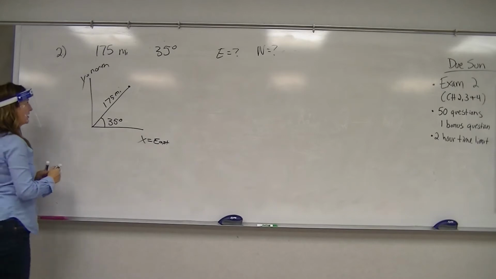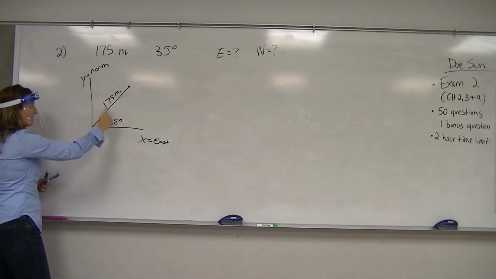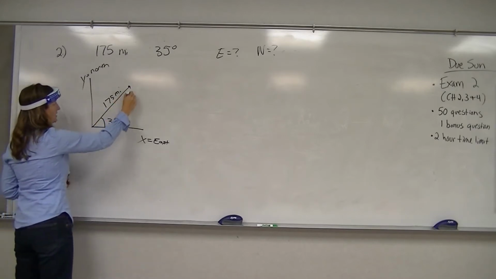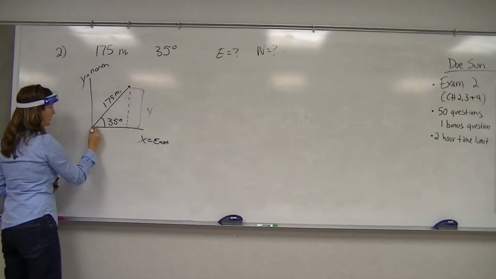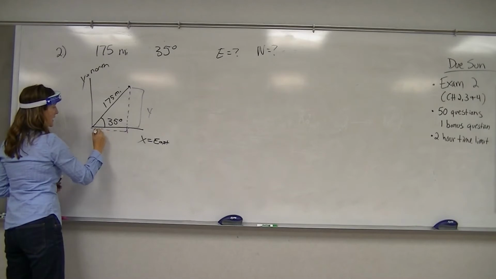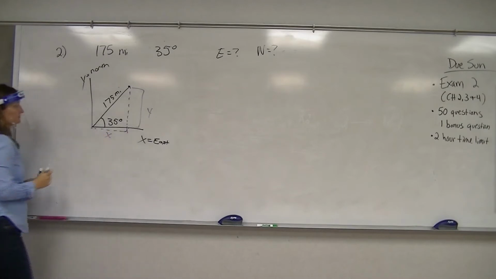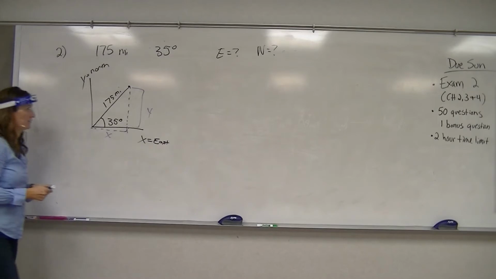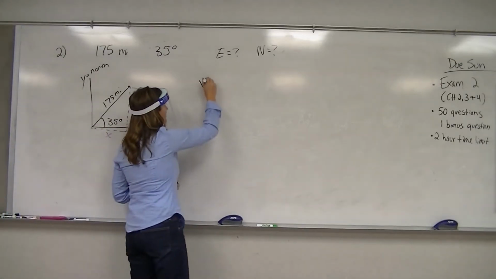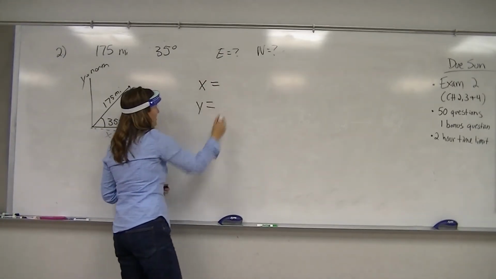So it's given us the 175 and the 35, and it's asking us to solve for this Y component here and this X component here. So to do that, we're going to use two of the four equations. And we want to pick the ones where X is equal to and Y is equal to.